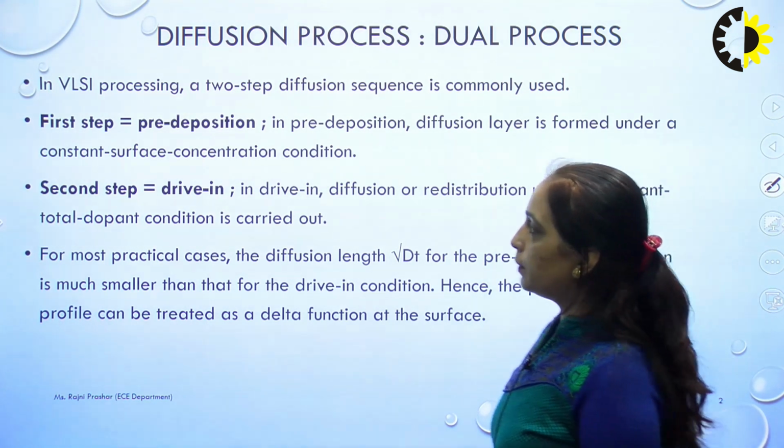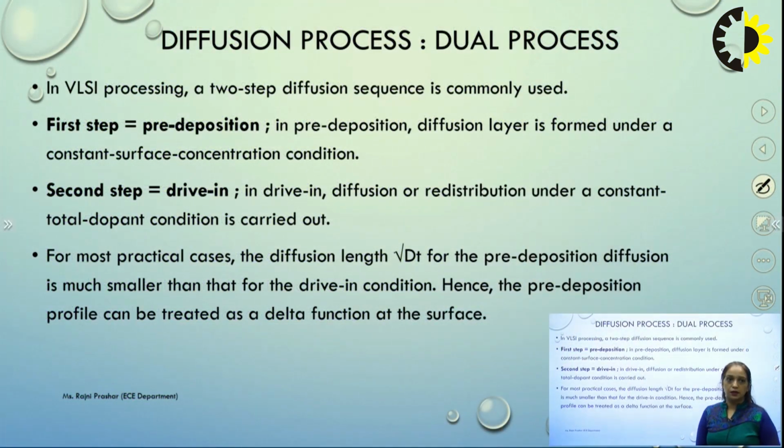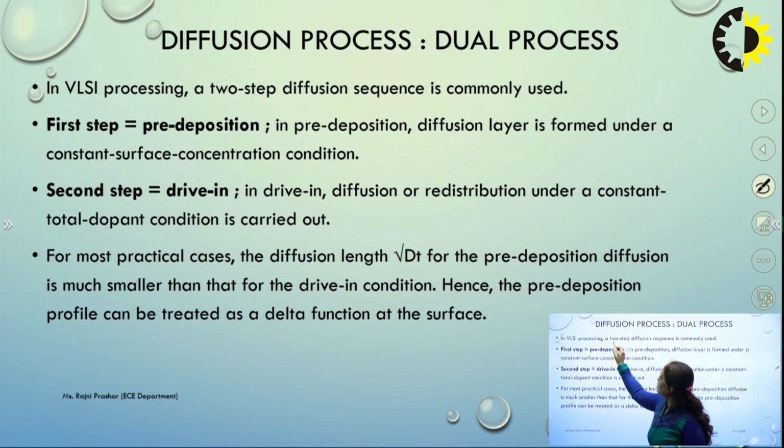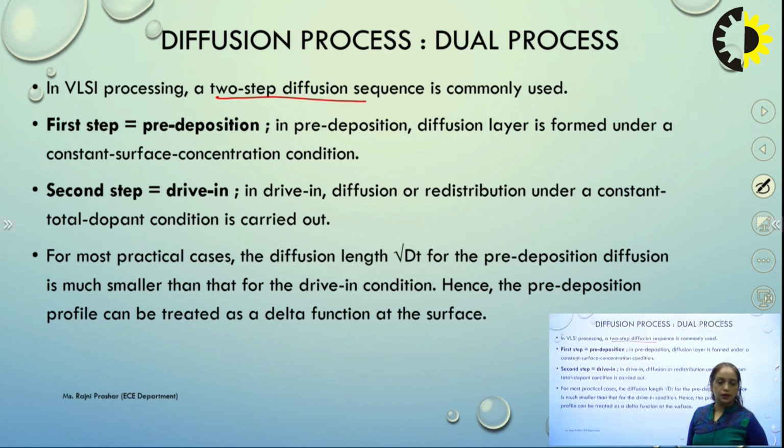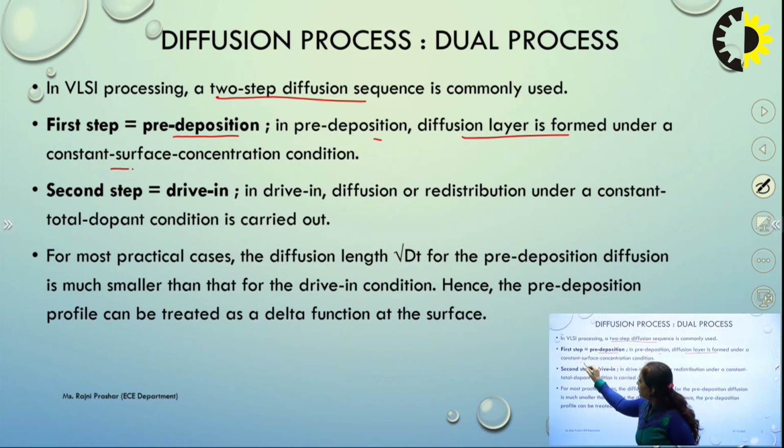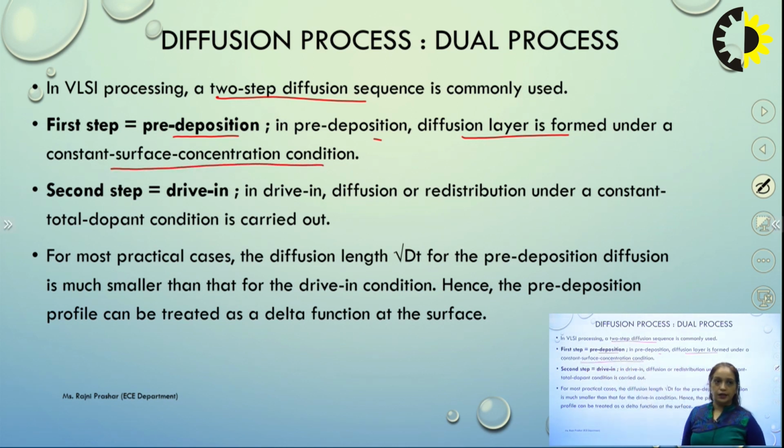In the VLSI design process, diffusion is a two-step process. It takes place in two steps. The first step is known as pre-deposition. In pre-deposition, the diffusion layer is formed under a constant surface concentration condition, right?